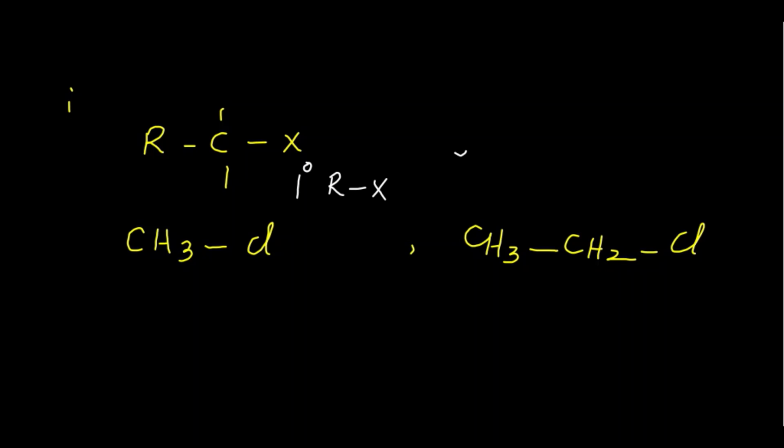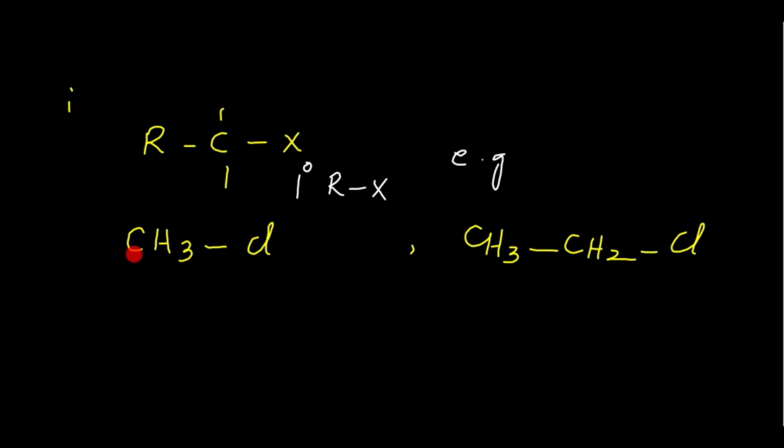Now students, see different examples of primary alkyl halides. Here you can notice another molecule is given. Identify the nature of this carbon with which the chlorine atom is attached. Yes, correct. This carbon is primary carbon. Why is it primary carbon? Since this carbon is attached with no more carbon.